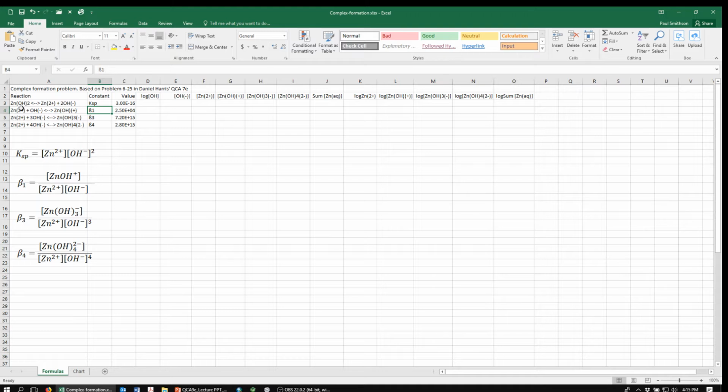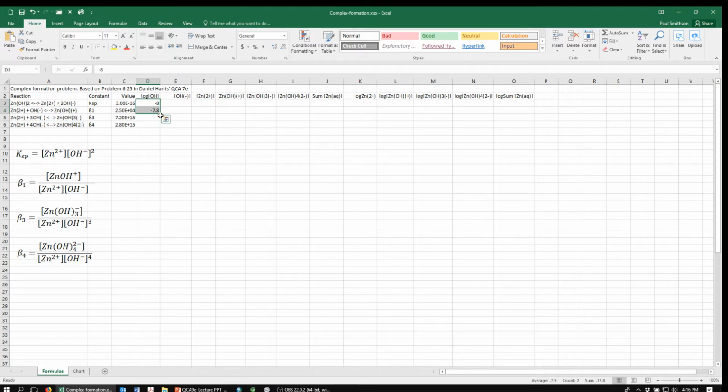This is also based on Dr. Harris's problem sets. Now what we're going to do is increment hydroxyl, or rather log OH. So I'm going to start at -8, that's 10 to the -8, and increment by 0.2 log units. Oops, that should be -7.8.